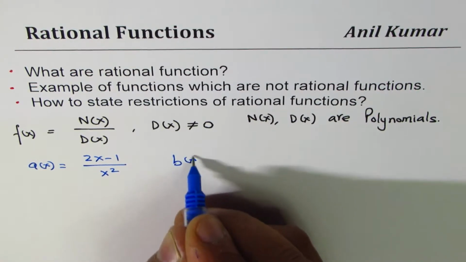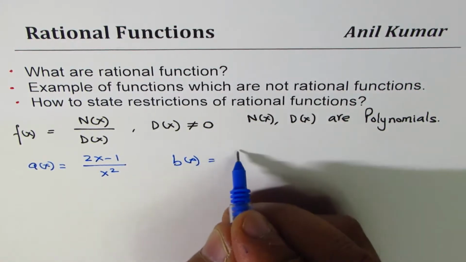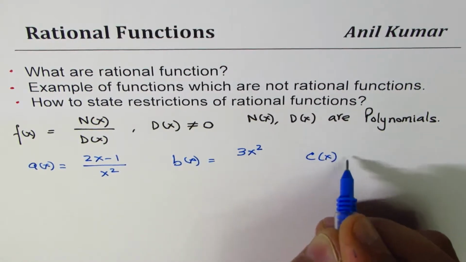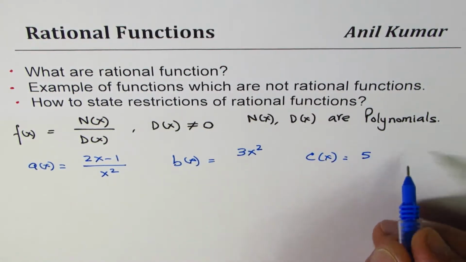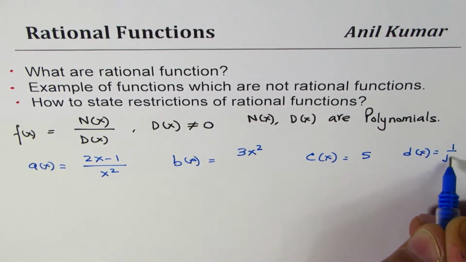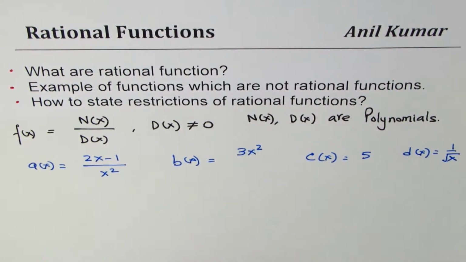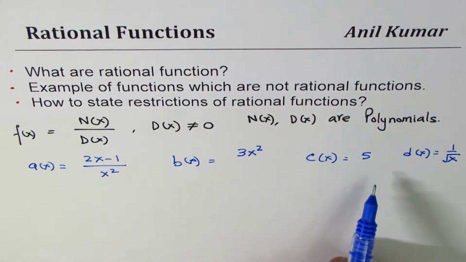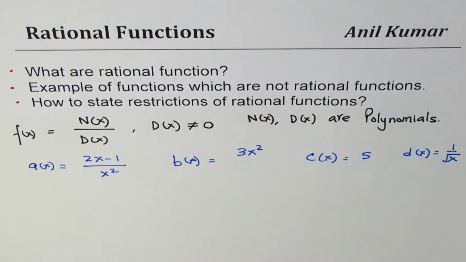I have b of x equals 3x squared, c of x equals 5, and d of x equals 1 over square root x. Now you have to tell me which one of these are rational, which ones are not rational, right? So let's figure that out.